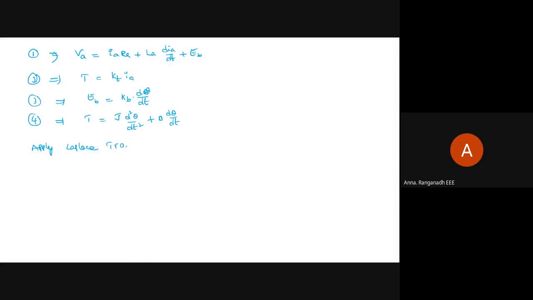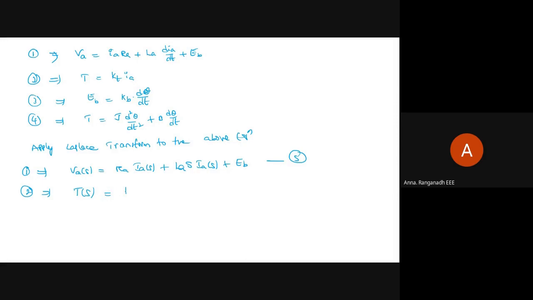Apply Laplace transform to the above equations. We already know how to apply the Laplace transform. So equation 1 will become VA of S equals RA into IA of S plus LA into S into IA of S plus EB. This is equation number 5. Now equation 2 will become T of S equals KT into IA of S. This is equation number 6.